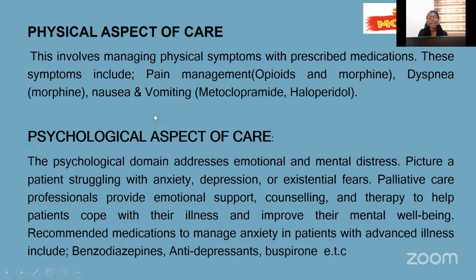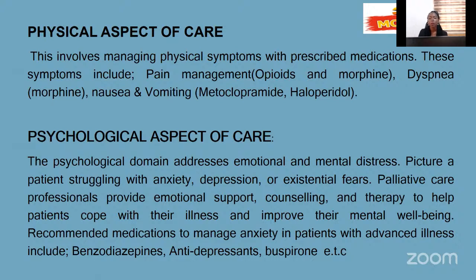Okay, another aspect of care, which is the treatment procedure, is you have to also look at the physical aspect. The physical aspect has to do with managing physical symptoms with prescribed medication. A patient who is passing through terminal illness like cancer will be displaying so many symptoms.